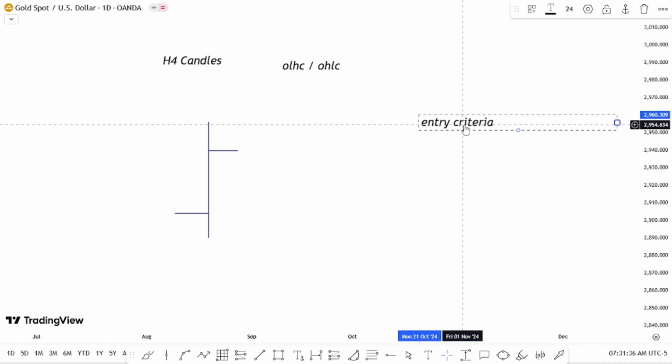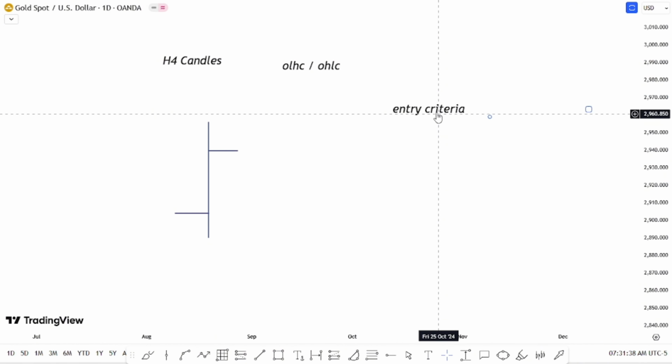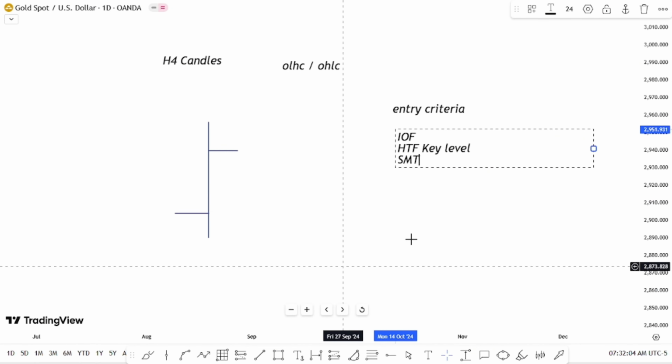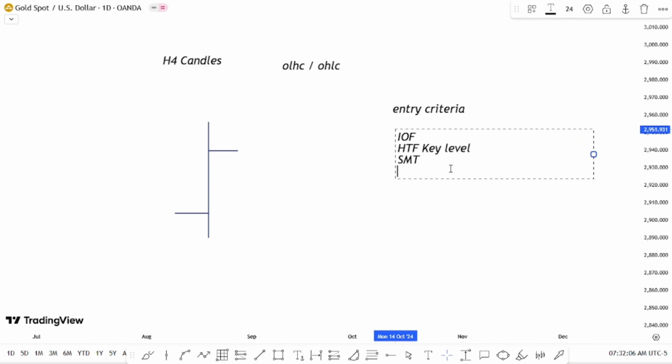We have the institutional order flow, bullish or bearish, and a high time frame key level, which will be the FVG. Then SMT, which will be the correlated assets, the relative strength analysis, and then the swing points.